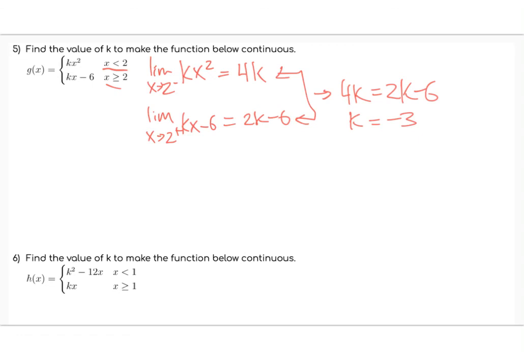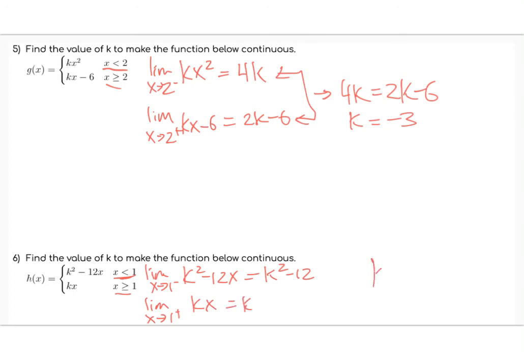Same thing down below. Now we're splitting at 1. So the limit as x approaches 1 from the left, that's my top part, of k squared minus 12x. That's going to give us k squared minus 12 when I plug 1 in. And then on the bottom, the limit as x approaches 1 from the right of kx is going to be k.